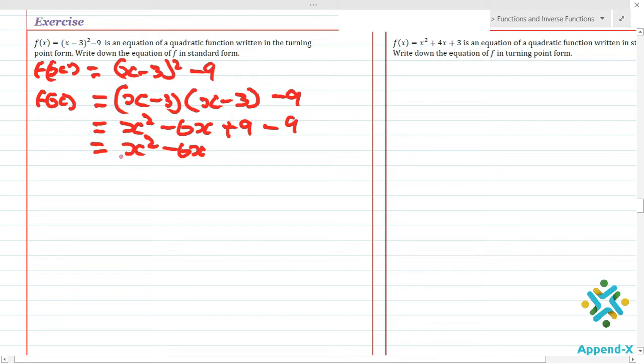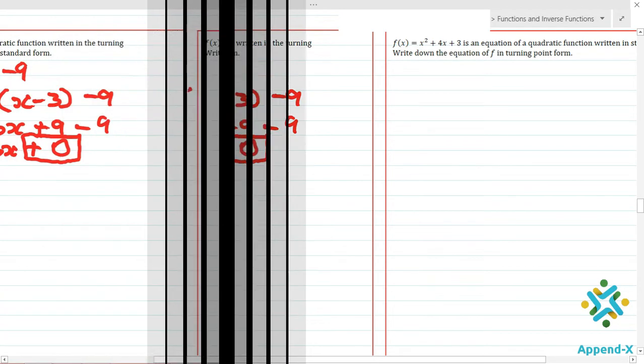So the standard form of this equation is x squared minus 6x. Remember there is a 0 here that we just don't write. This 0 is the constant of the equation. Therefore, the graph of f must cut the y-axis at 0, which means that the graph goes through the origin. Now let us look at another example.